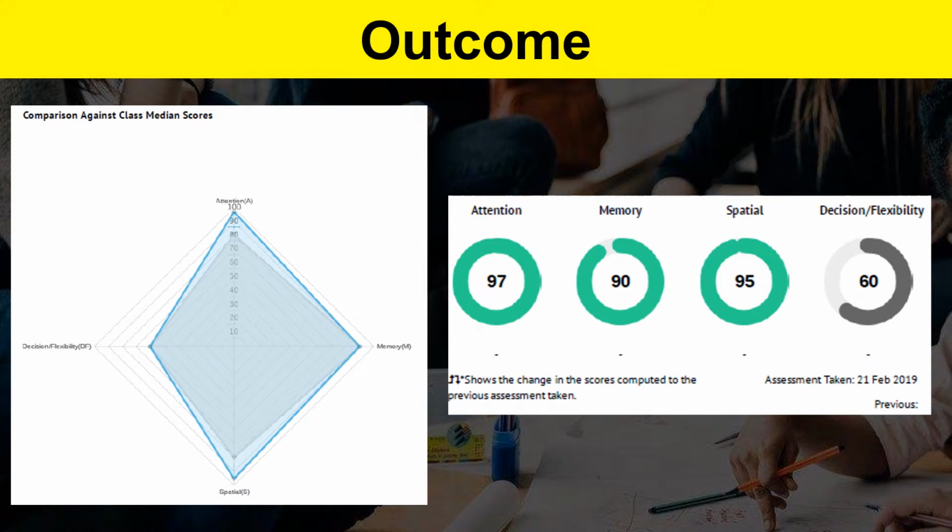So in many areas, in fact, the spatial and attention are better than the rest of his peers. So this is where we can have a very strong diagnostic focus on how to help the student. In this case, the student does not have an attention or focus issue.